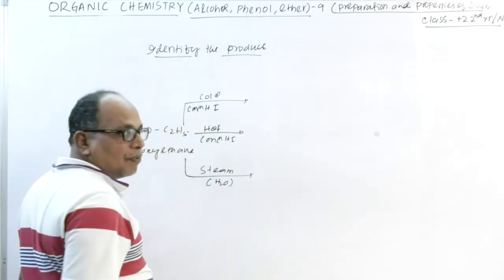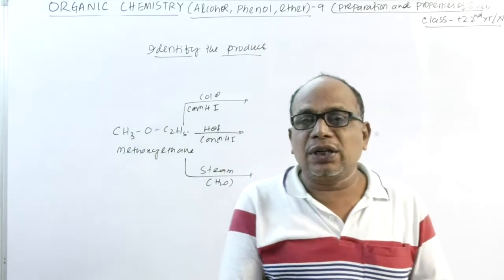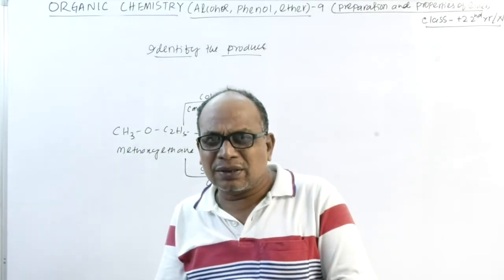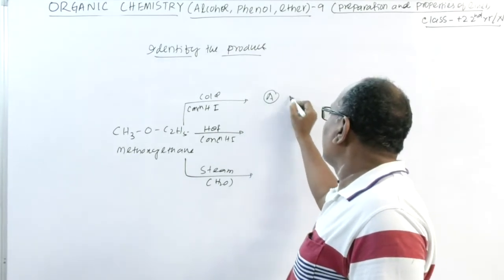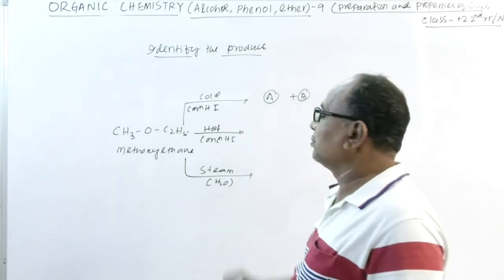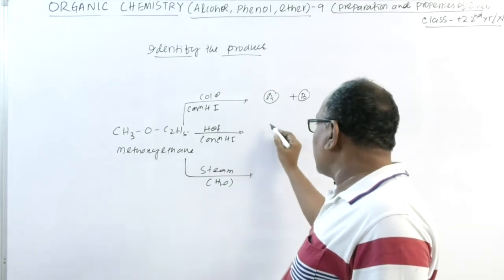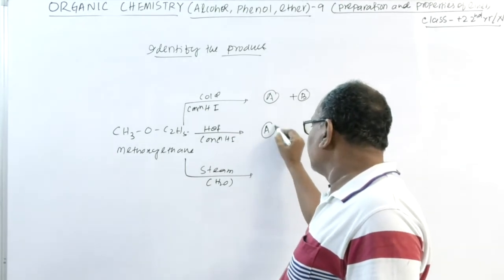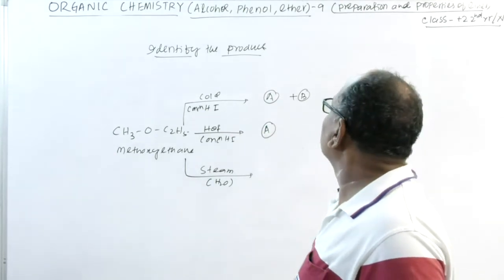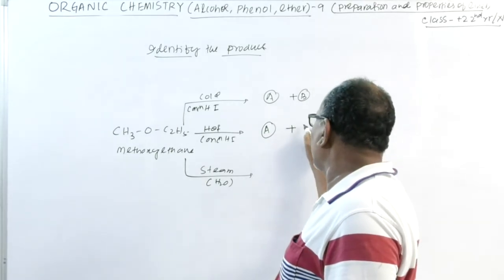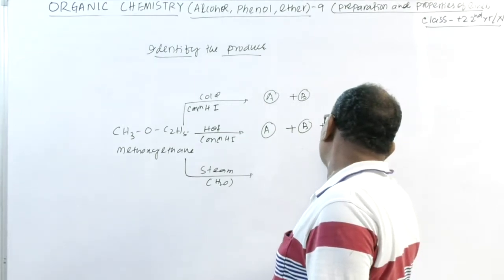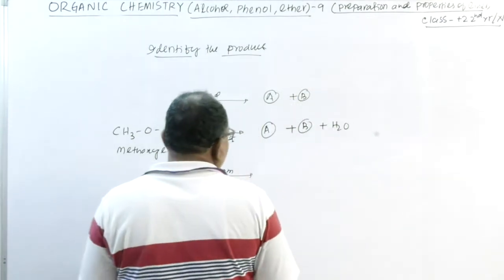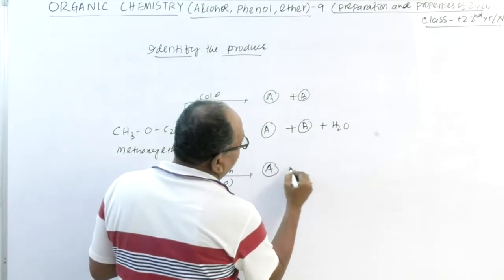Steam means water. Water dissociates and gives H plus and OH minus. So it gives product A plus B. Here it gives A plus B plus H2O. Here it gives A plus B.